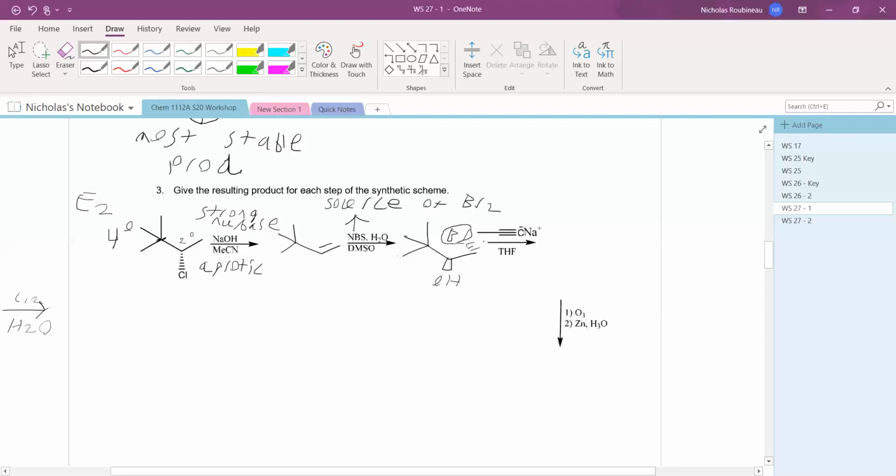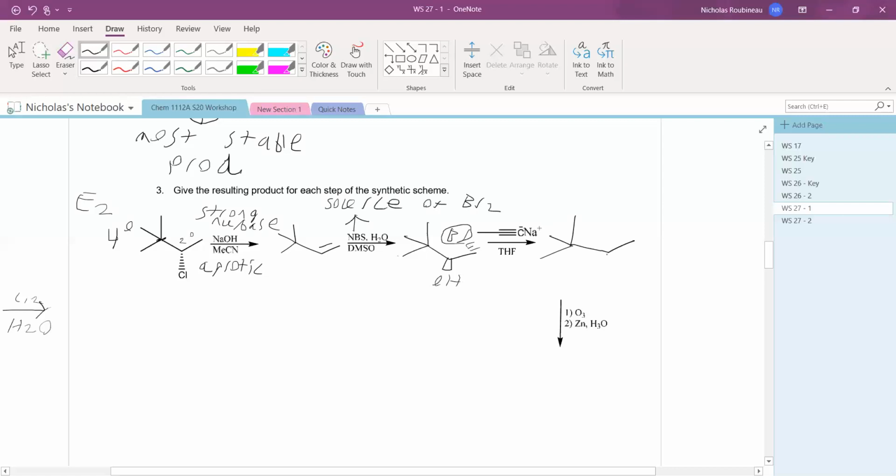So it does an SN2 reaction to kick out the bromine. And it wouldn't react with the alcohol because one, that's a secondary position, and two, that's a bad leaving group. And this reaction only works with primary alkyl halides.